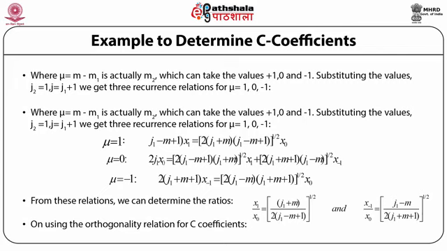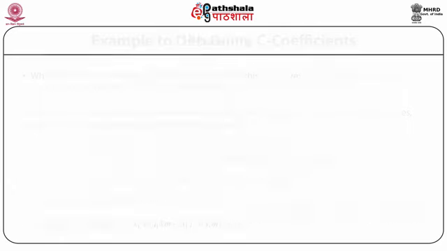Since we've taken the value of j2 to be 1, m2 can take values from plus 1 to minus 1 including 0, and substituting j2 equal to 1, j equal to j1 plus 1, we get 3 recurrence relations for mu equal to 1, 0, minus 1.